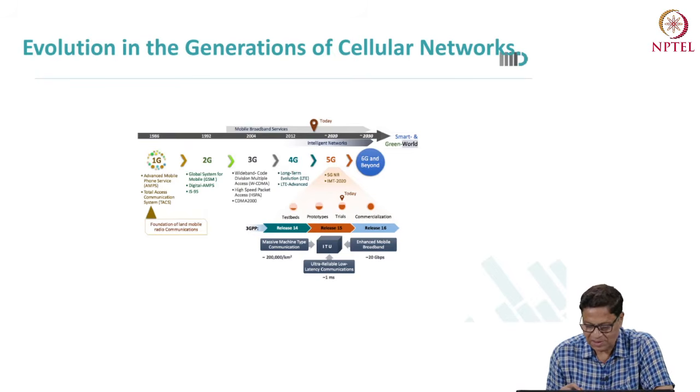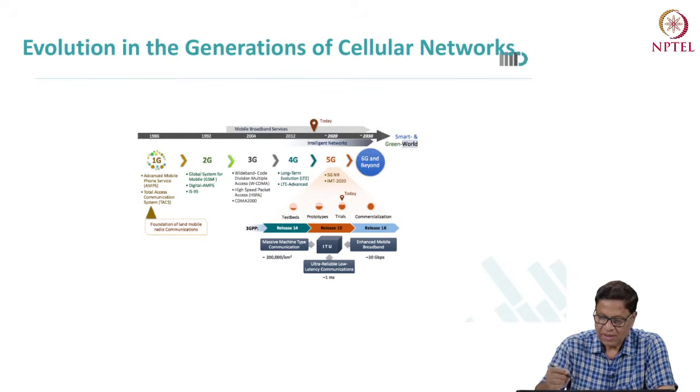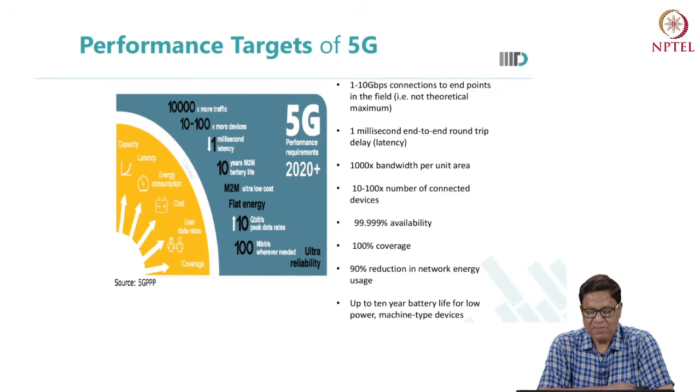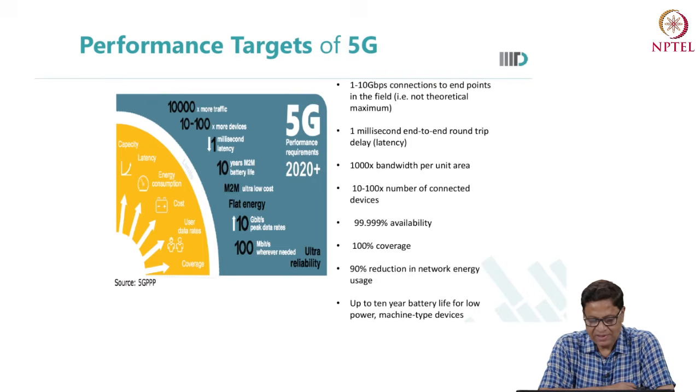And then there is also discussion on 6G systems and beyond. So these are some of the performance targets of the fifth generation system. Basically, it gives targets about the capacity, latency, energy consumption, cost, user data rates and coverage.